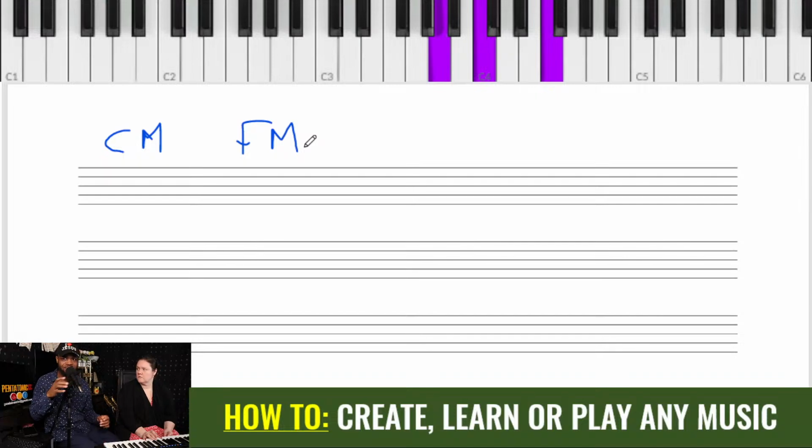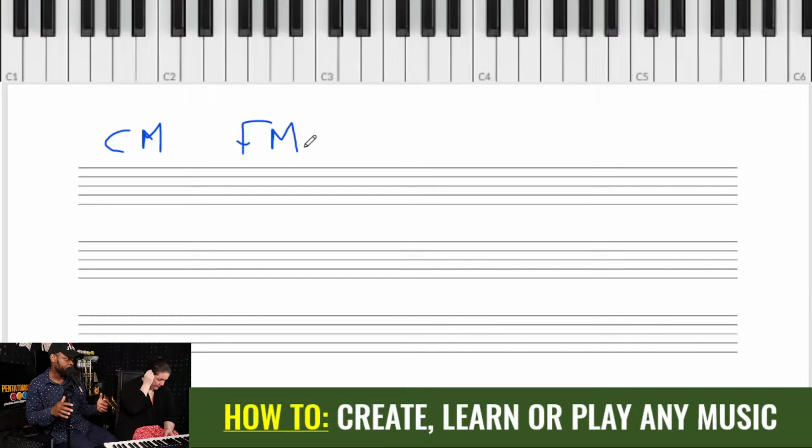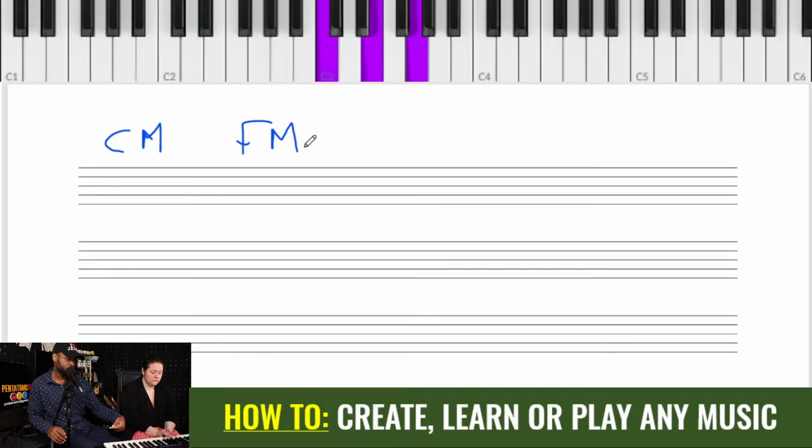Understanding how to play these different inversions or positions is very important. So let's try C in root position and the inversion of F that moves better from it. Exactly. Then let's play the C first inversion. So we'll play the F that moves better here.